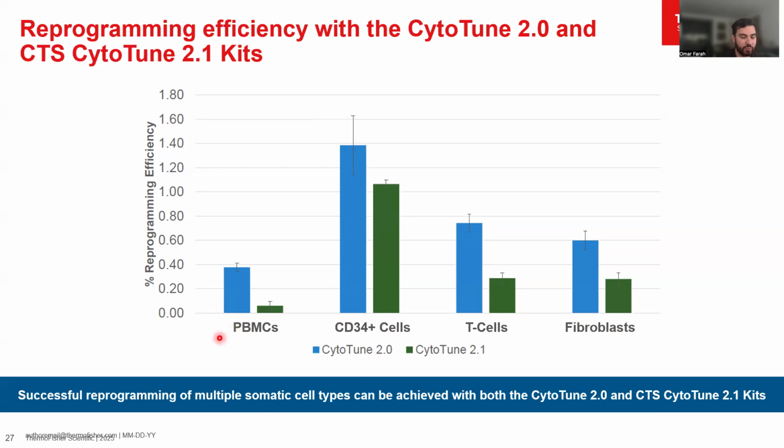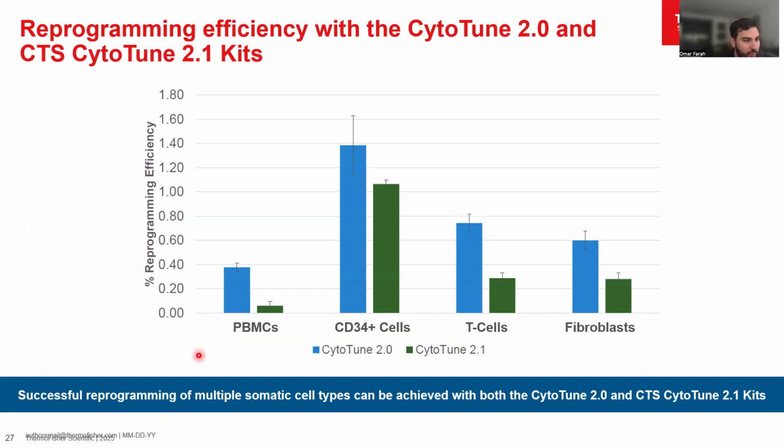And this is primarily due to those small alterations that we talked about, right? Making sure that we replace the c-Myc with an L-Myc, so these cells are less transformative, which makes them slightly less proliferative, and some will argue that that makes the efficiencies a little bit lower as well. I see there's a question in the chat.